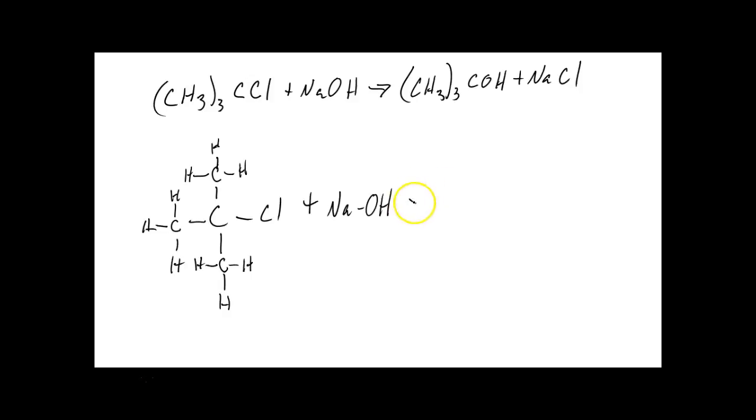And what happens here is pretty clear. The OH replaces the Cl. And then you wind up with, on the other side, the OH here and the Cl here. Sodium chloride is salt, and this turns into an alcohol, okay? Now, so what?